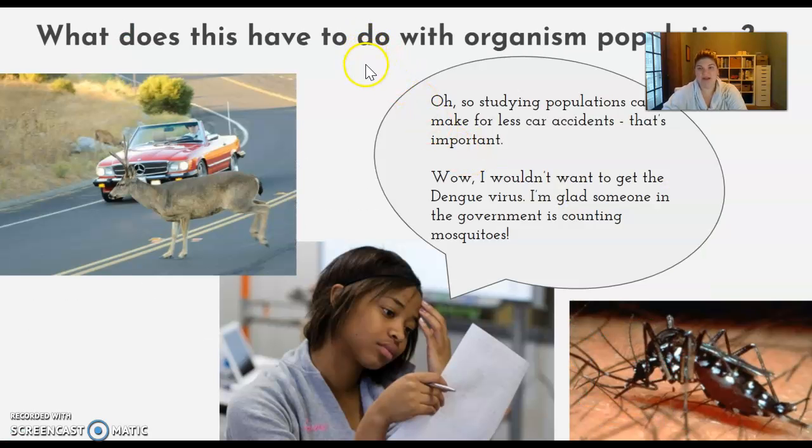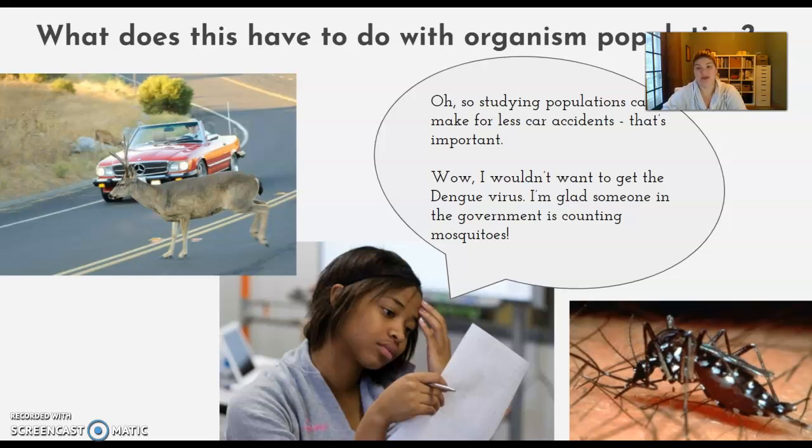Okay, so why do we study organism populations? Why is it important? And one of the reasons why it's so important is because we need to know when our populations are too high or too low. So some bad things that can happen when a population is too high, say if our deer population were to become too high, then we might see more car accidents occur.